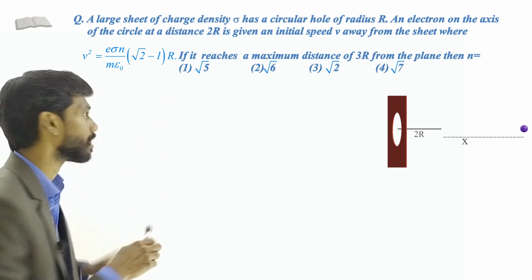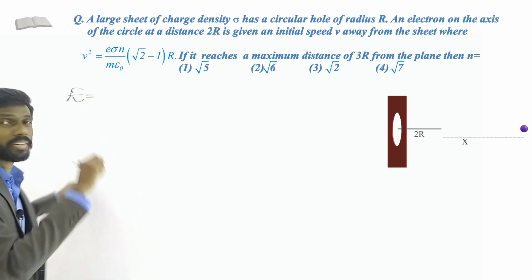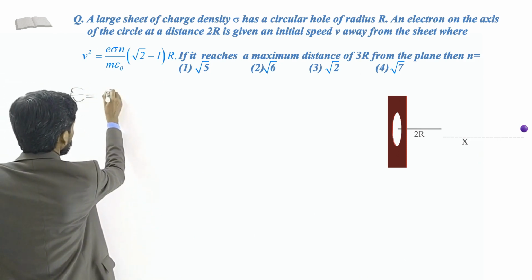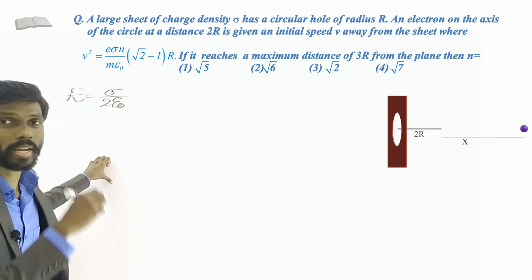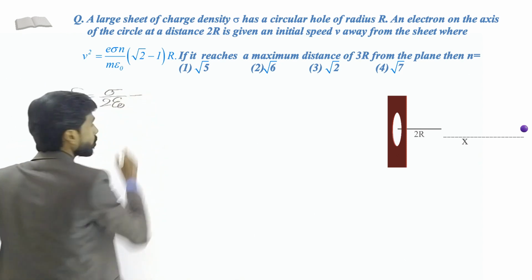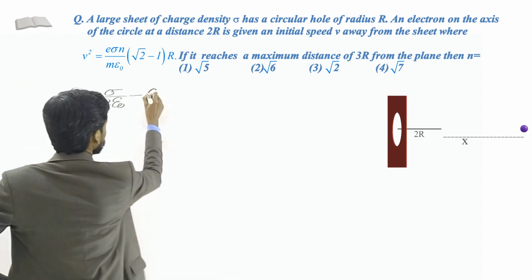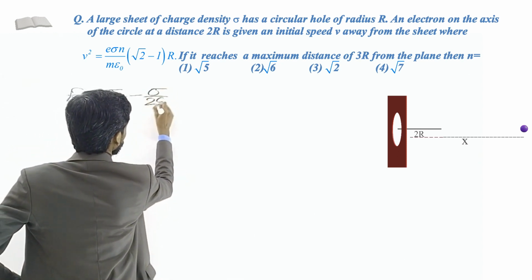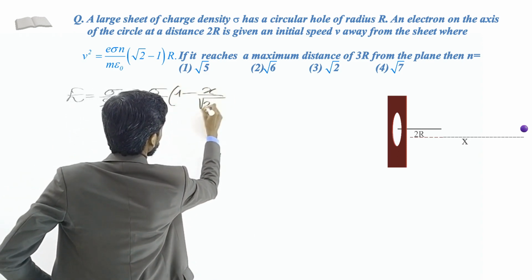So the electric field due to the infinite plane has the formula sigma divided by 2 epsilon 0. From that you have to subtract the electric field due to the disk, which is sigma divided by 2 epsilon 0 times (1 minus x divided by root of x squared plus r squared).